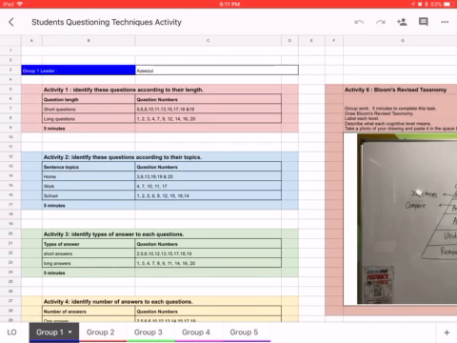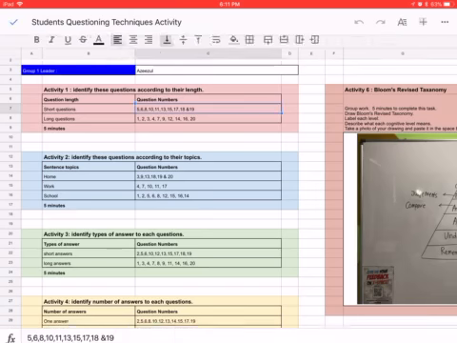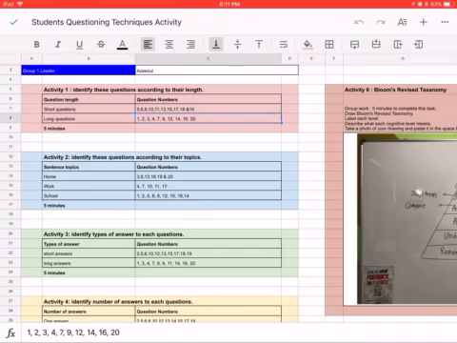So for each group, they have 5 minutes to complete, and these are really simple activities. They will actually write their responses in these boxes.